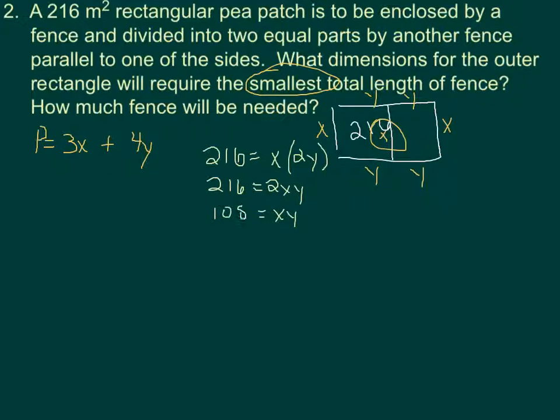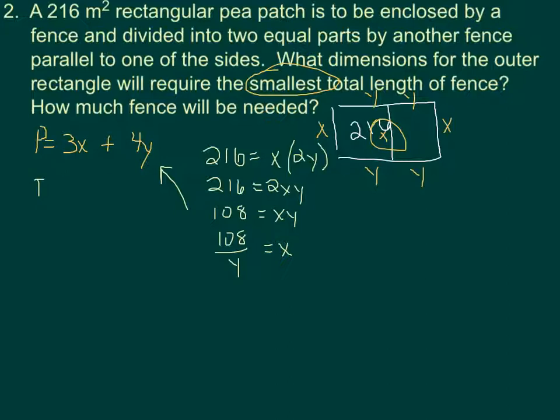And then just like we did on the last problem, we're going to solve for either x or y, and then substitute in to our primary equation so that we can get that in terms of just one variable. So I'm going to leave x over here and divide by y, and so I'll get 108 divided by y. So I'm going to substitute that in up here.